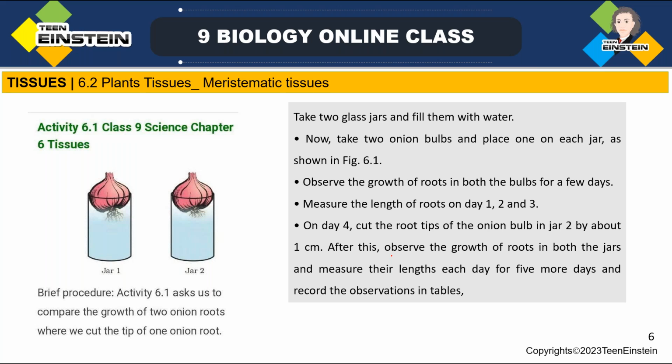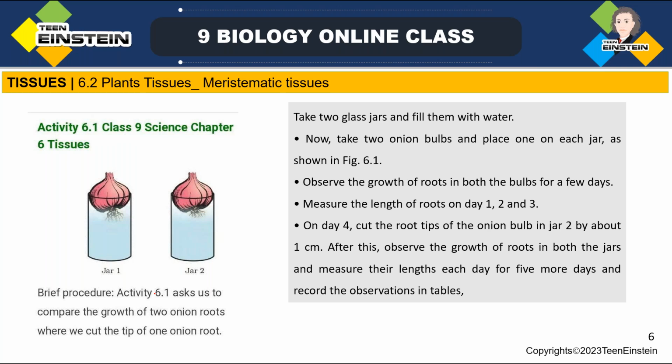Then on the fourth day we select one jar, first or second, any one, and cut the root tip around 1 centimeter. Then we measure the length again. The jar we selected will not show any further growth. So we make an observation from there.